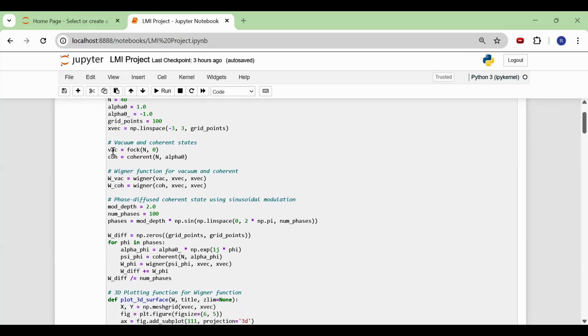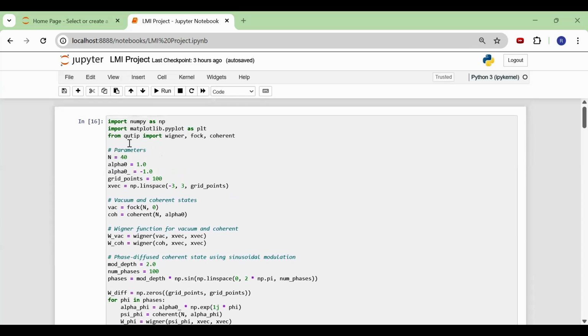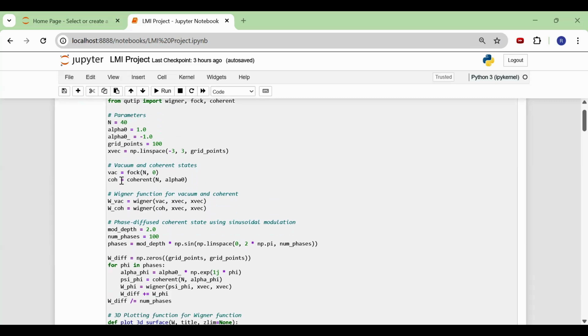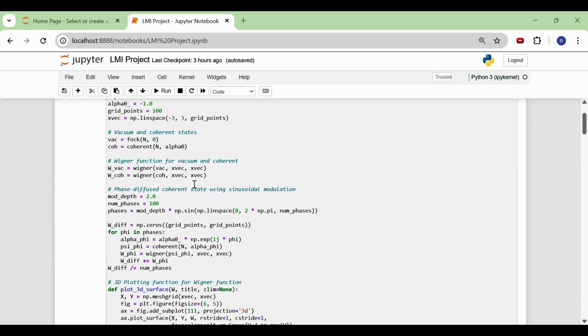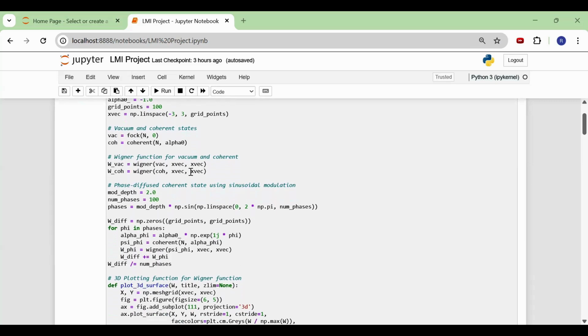Finally, I have defined the vacuum state, directly using the QuTiP library with Fock(N, 0), and the coherent state coherent(N, alpha), where alpha is the amplitude of the state. Now, finally, I define the Wigner function for the vacuum state and coherent state.